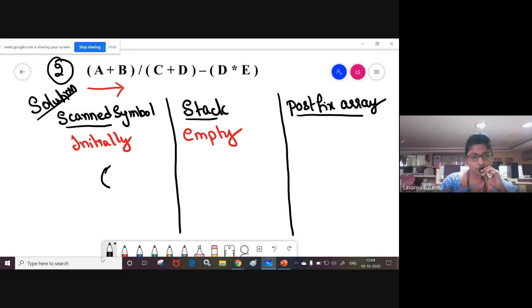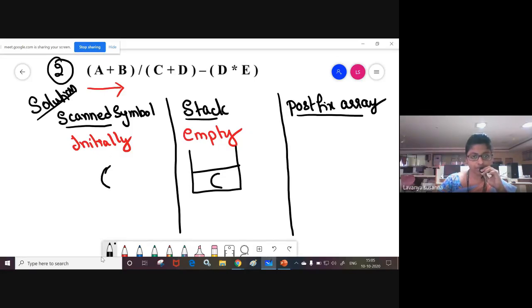The first symbol is the open bracket, an operator, and the stack is empty. When the stack is empty and you get an operator, you need to push it. Push means insert. When the stack is empty, you need to push the operator.